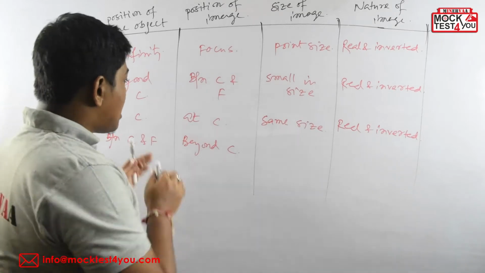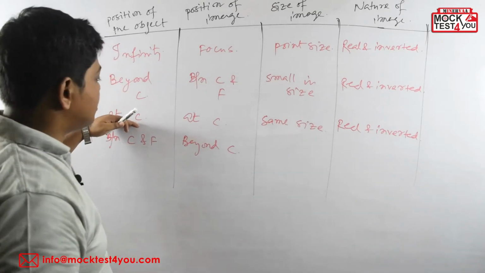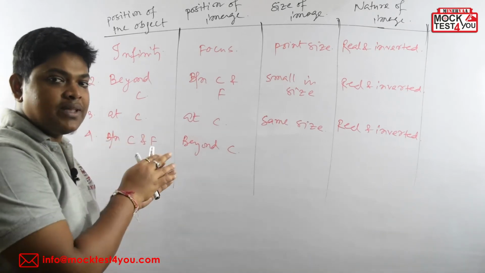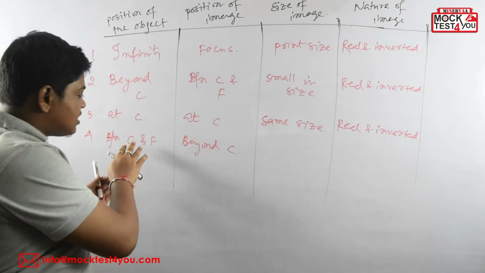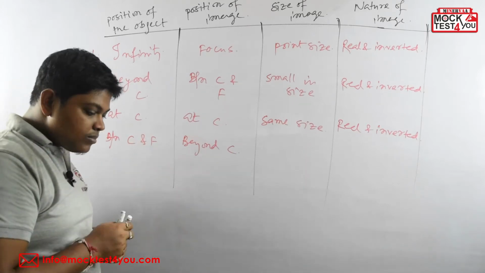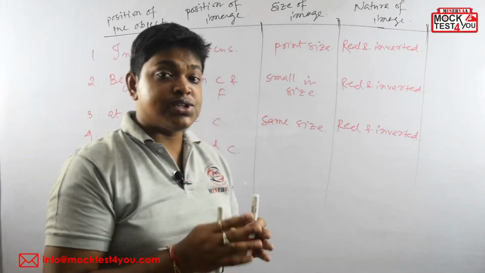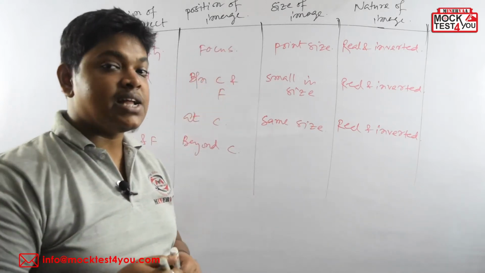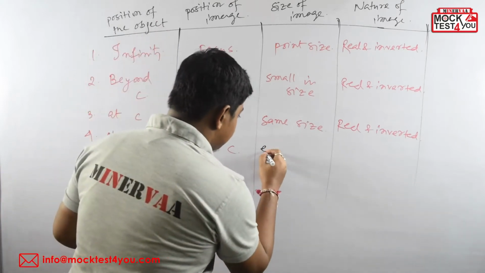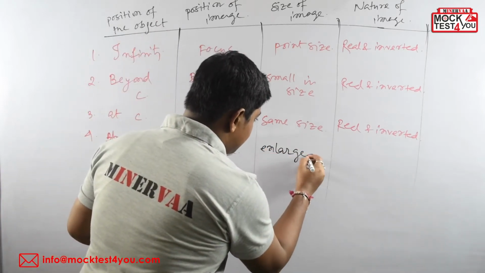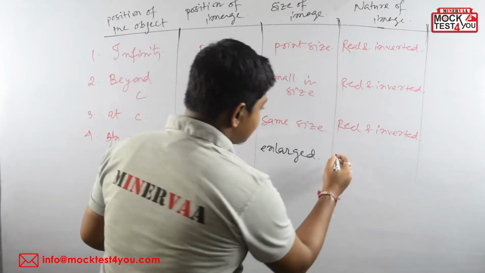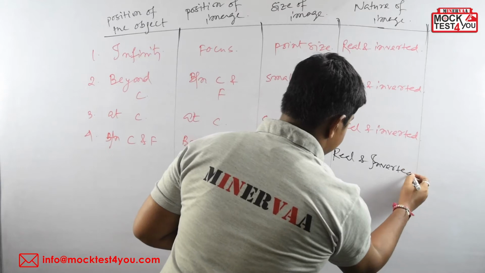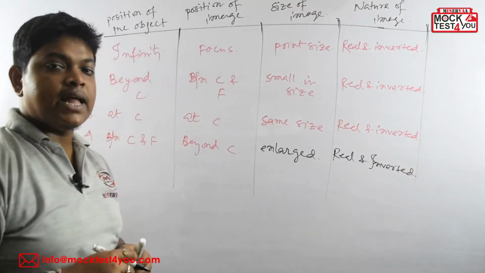In this case, the object is placed after crossing the center of curvature, in between C and F. So after crossing the center of curvature, the image size will be increased. That means an enlarged image will be formed. Enlarged image you will get, and that will be obviously real and inverted, right? That will be real and inverted.